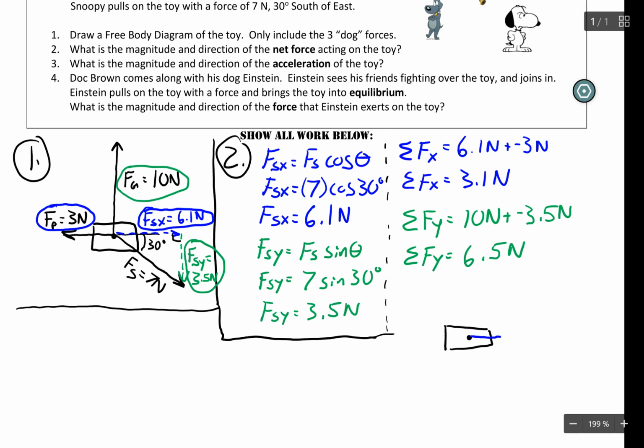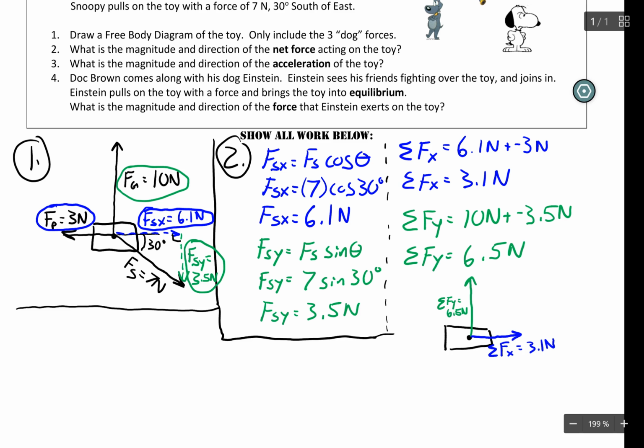So the net Fx is equal to 3.1 newtons, and the net force in the y direction is positive 6.5 newtons.